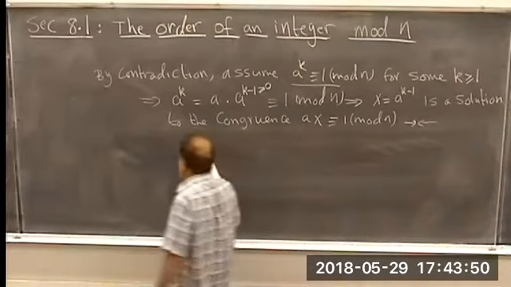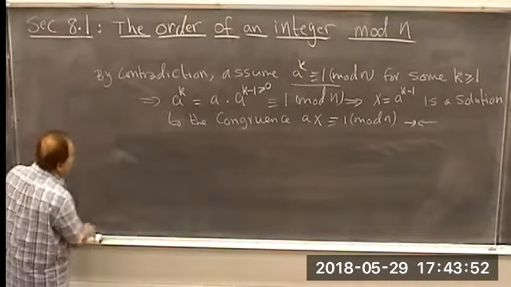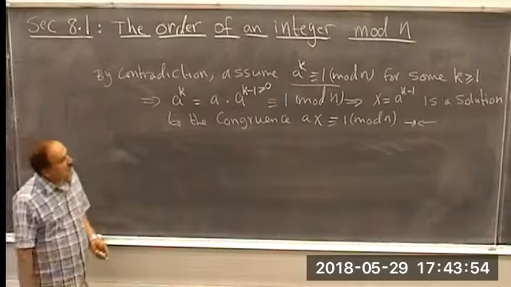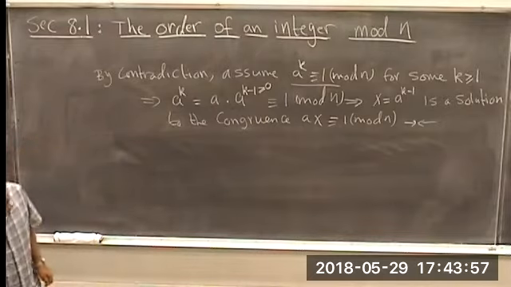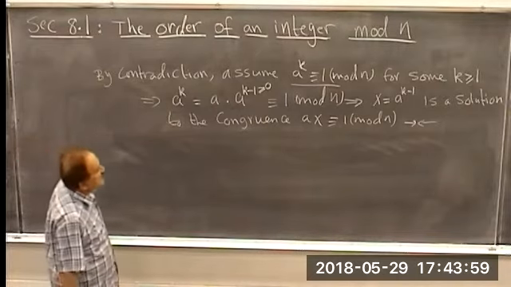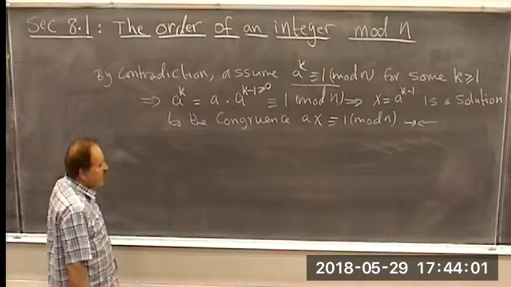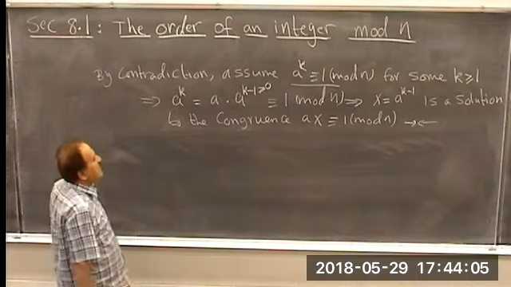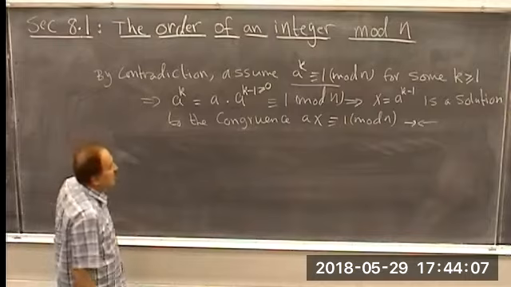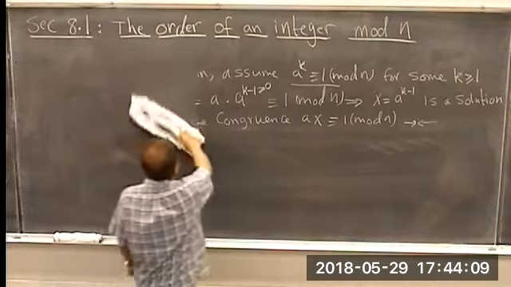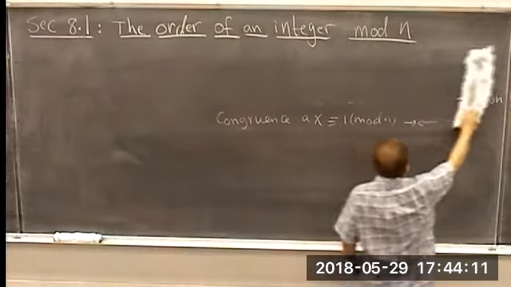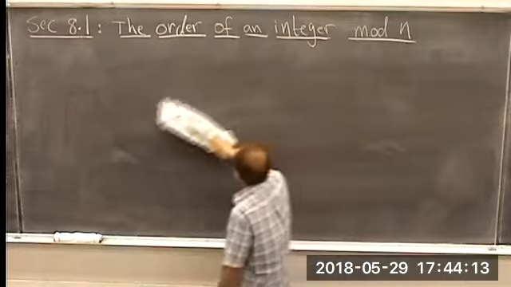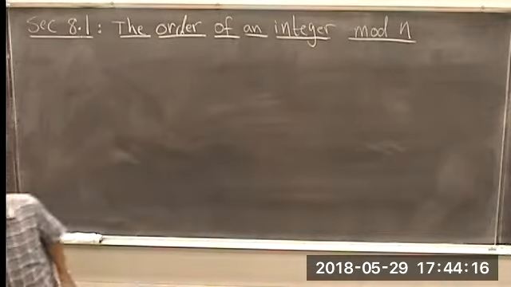In a lot of cases I usually state this, but if I slip and don't, or in the book, it means that it is. When we talk about the order of an integer, it means the integer is relatively prime to n. Okay? All right. Let's move on to another remark.